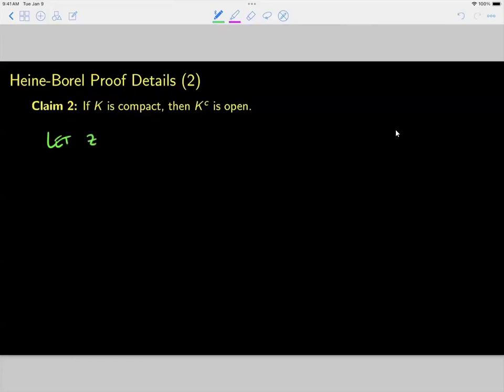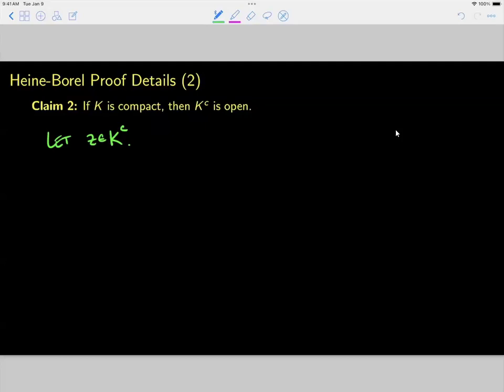Well, if something's open, that means every point is an interior point. That means that at every point, I should be able to draw a neighborhood around that point that lies entirely within that set. So I'm going to take an arbitrary point, z, in K complement. My goal is going to be to construct a neighborhood around this point that lies entirely inside K complement.